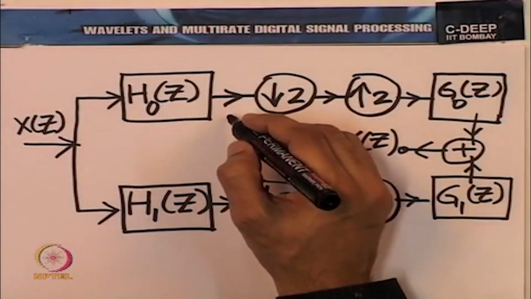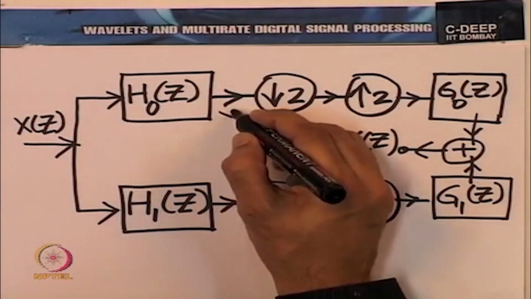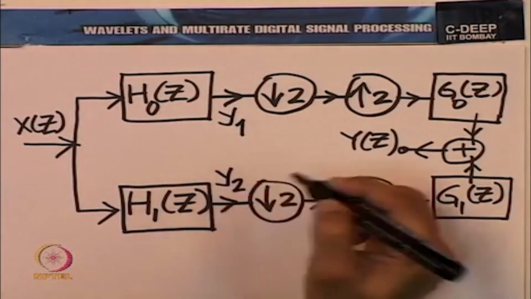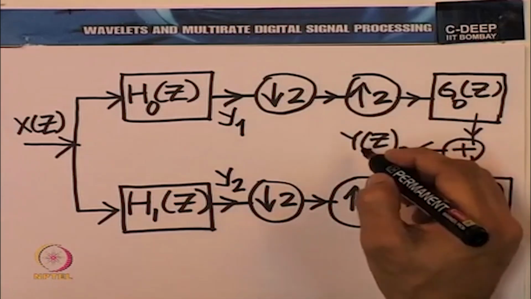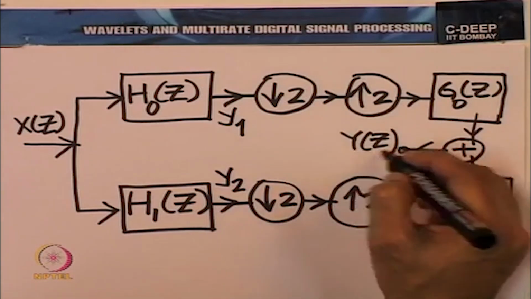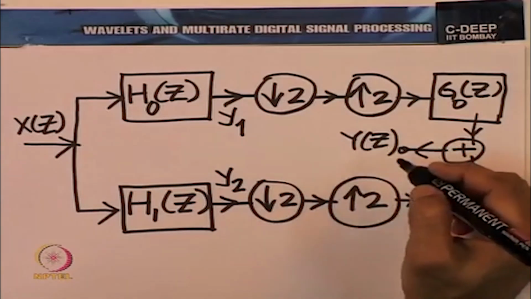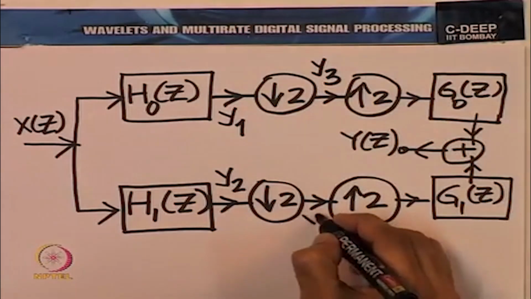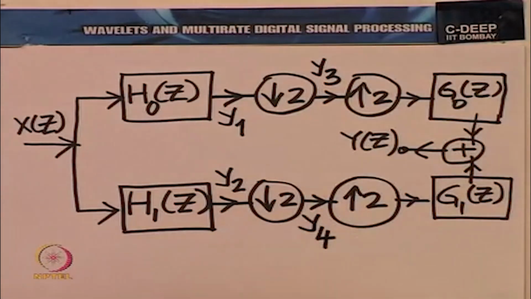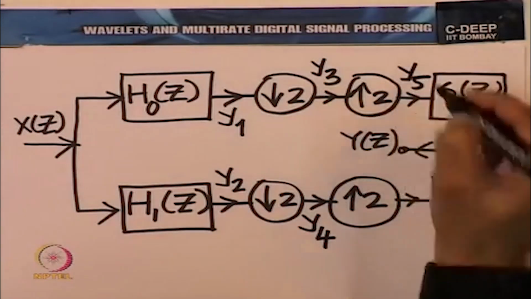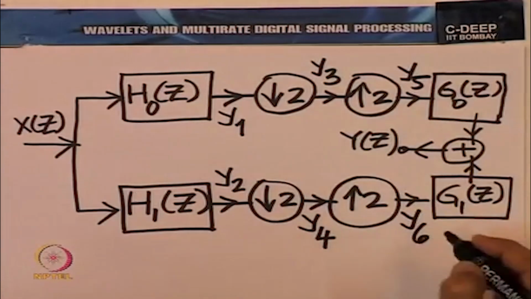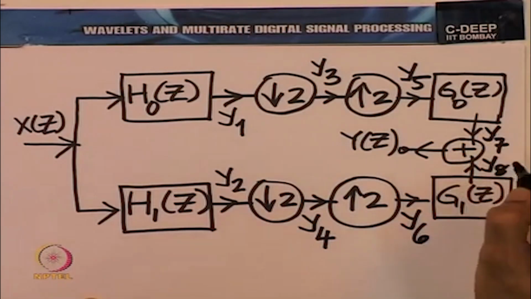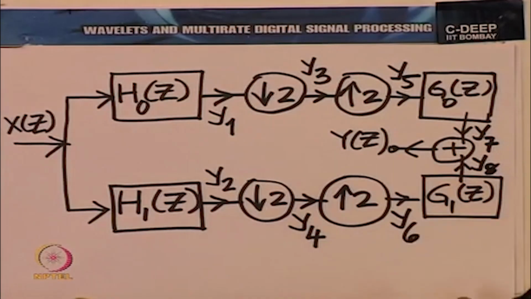So, let us call this y1, let us call this y2 and so on. And the very output we shall just call y without any subscript. So, accordingly this becomes y3, this y4, this y5, y6, y7, y8 and then of course, y9 is simply y.